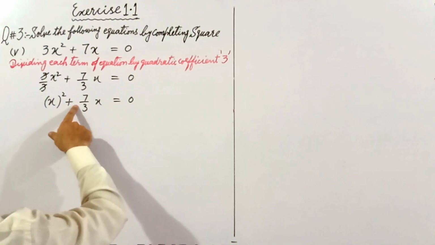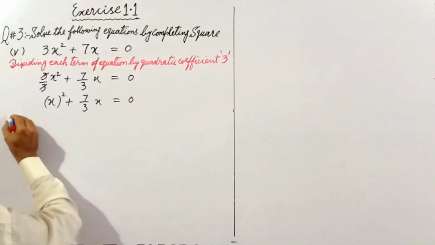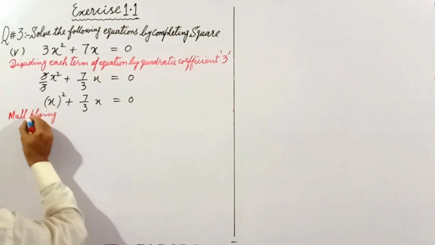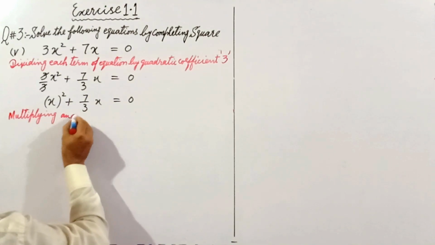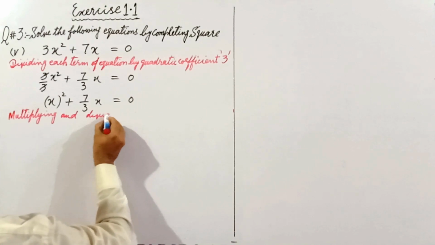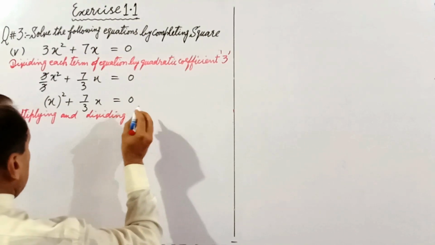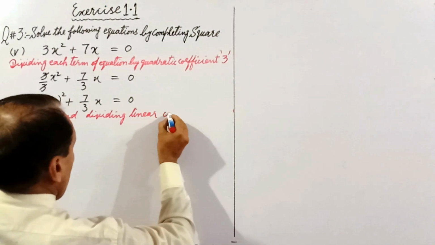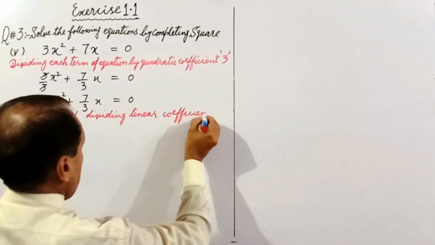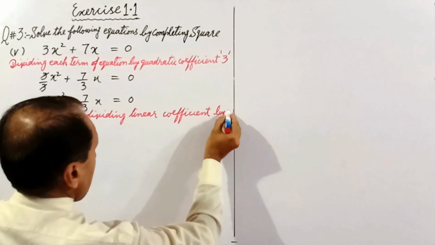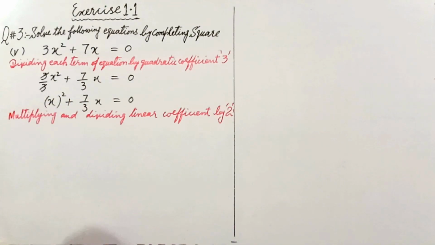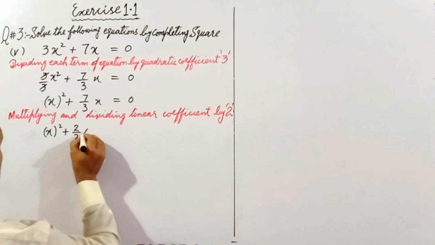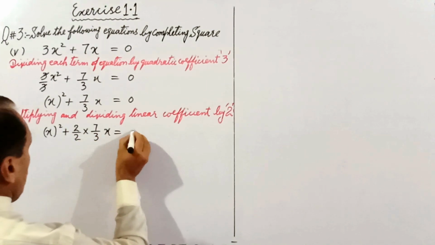So multiplying and dividing the linear coefficient by 2, we have x square plus 2 by 2 multiply 7 over 3 x is equal to 0.